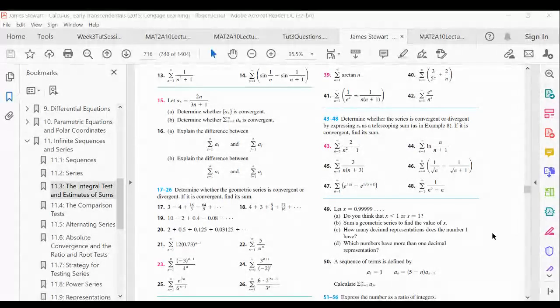Now what I want you to do is look at B and ask yourself, you know what a geometric series is, right? You know it, and you can go and look up the definition. And so what I want you to do now is to look at that expression for x and express it as a geometric series.